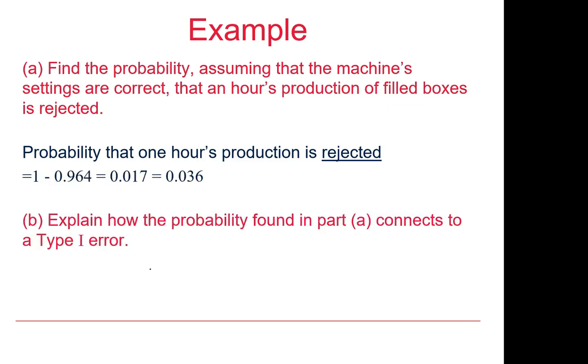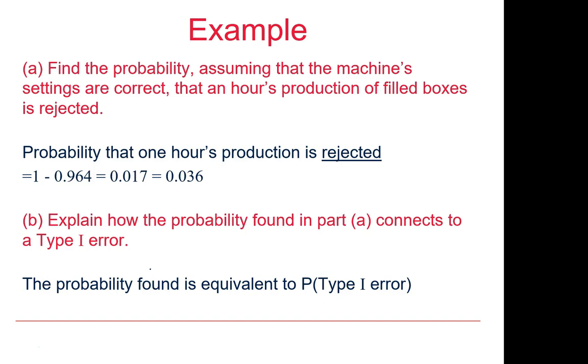Part B says, explain how the probability found in Part A connects to a Type 1 error. Well, the probability found is equivalent to the probability of making a Type 1 error. And if you have a look at the test, you can see it's set up in the context of a process that happens in a factory.